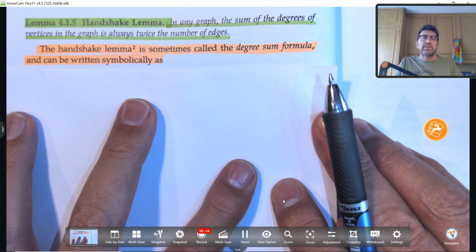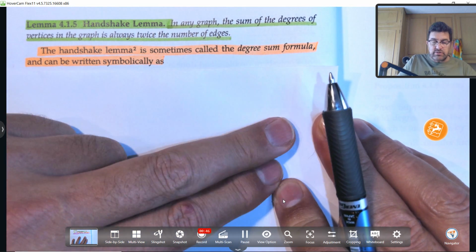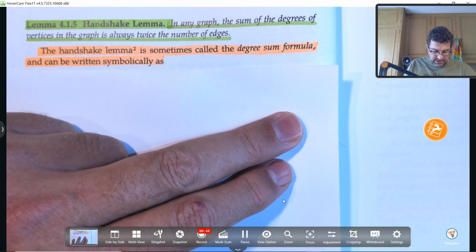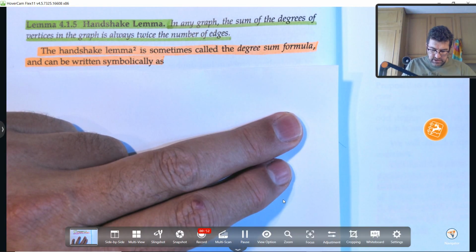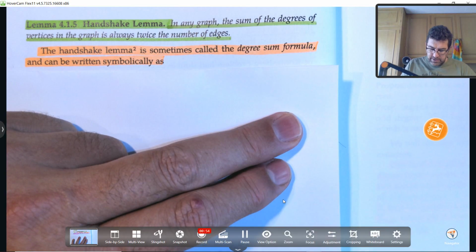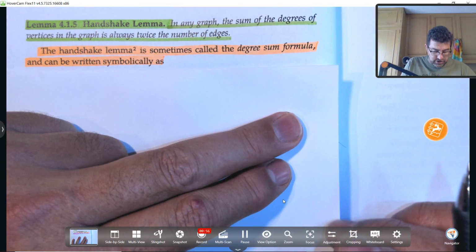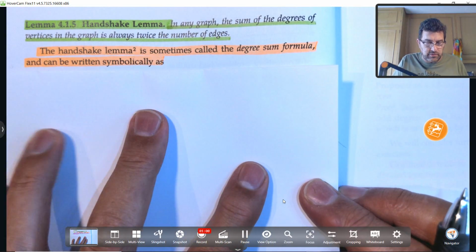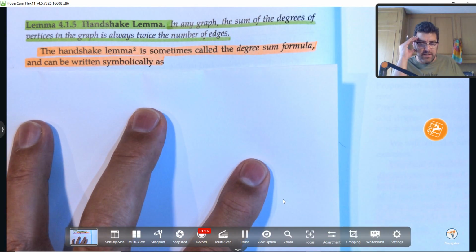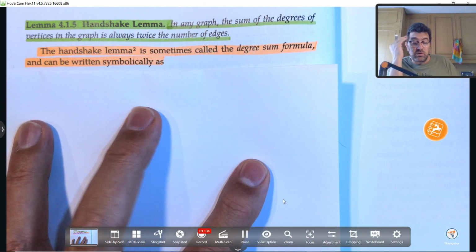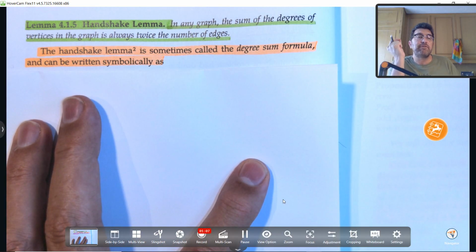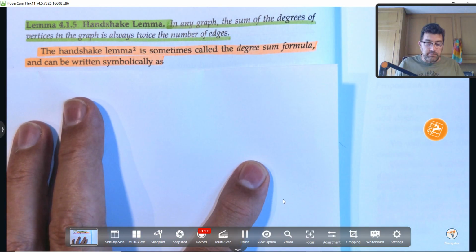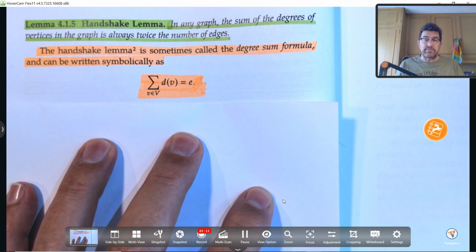Okay, this is called the handshake lemma. Now, just to remind you what a lemma is: a mathematical statement that is primarily of importance in that it is used to establish other results in mathematics. That's what a lemma is used for. So the handshake lemma is sometimes called the degree sum formula, and it can be written like that.